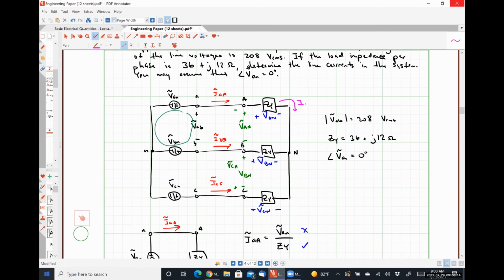Our phase currents as well. Setting up... sorry, that should be BN. Simple circuit. And figuring out what that voltage was allows us to calculate all of those load quantities extraordinarily trivially.